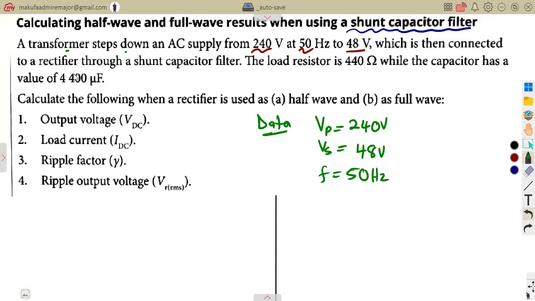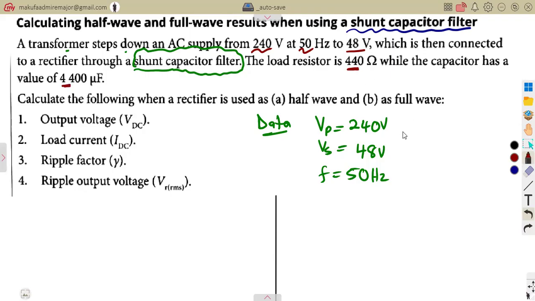which is connected to a rectifier through a shunt. We are told there, a shunt capacitor filter. So in this case, we're not going to refer to how the resistor and the capacitor are connected, because it's already given. We understand that the load resistor and this capacitor will be connected in what?